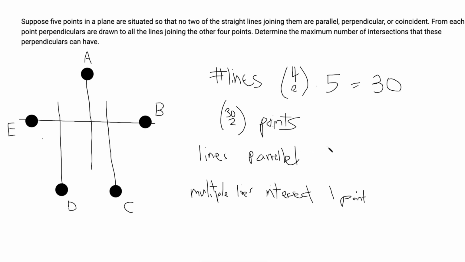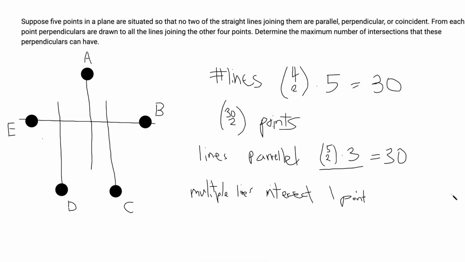For any line, that is 5 choose 2 lines, there will be 3 lines perpendicular to that line that are parallel to each other, resulting in no intersections. And keep in mind that for these 3 lines, we counted 3 points of intersection for these 3 parallel lines. So we must subtract 3. So the number of overcounted points for lines that are parallel to each other is 5 choose 2 times 3, which is 30.